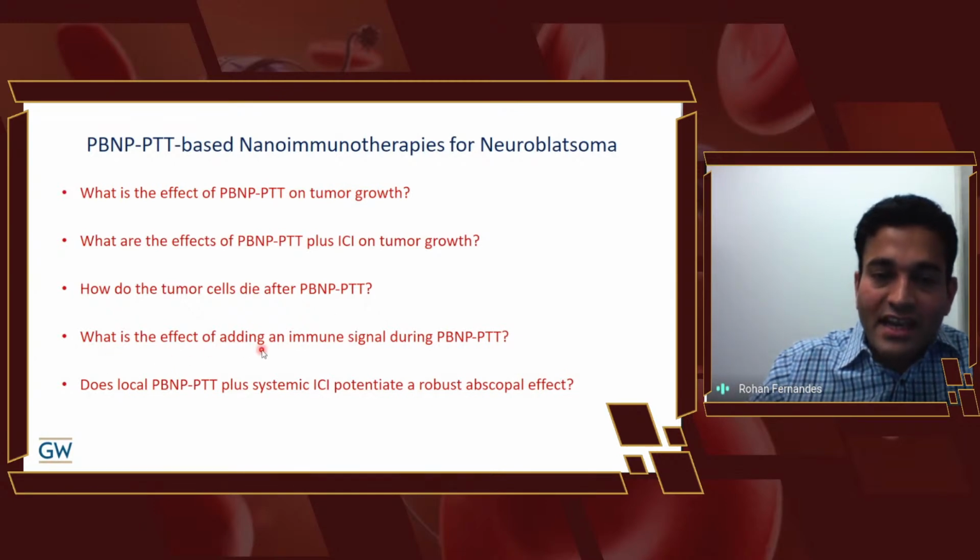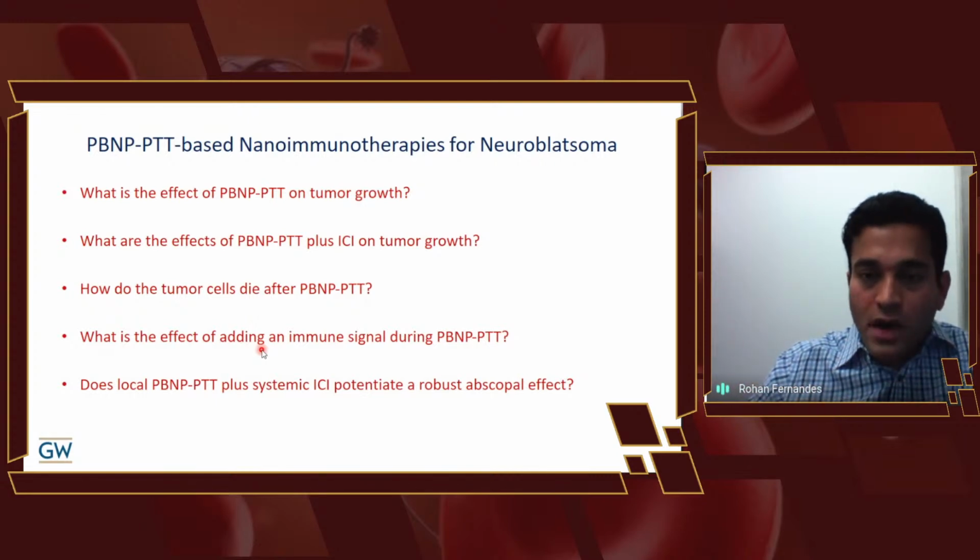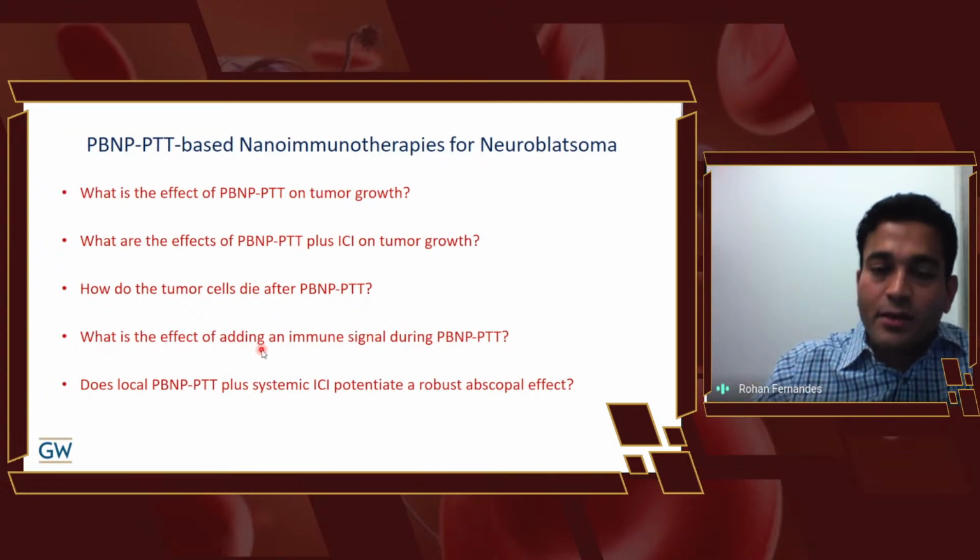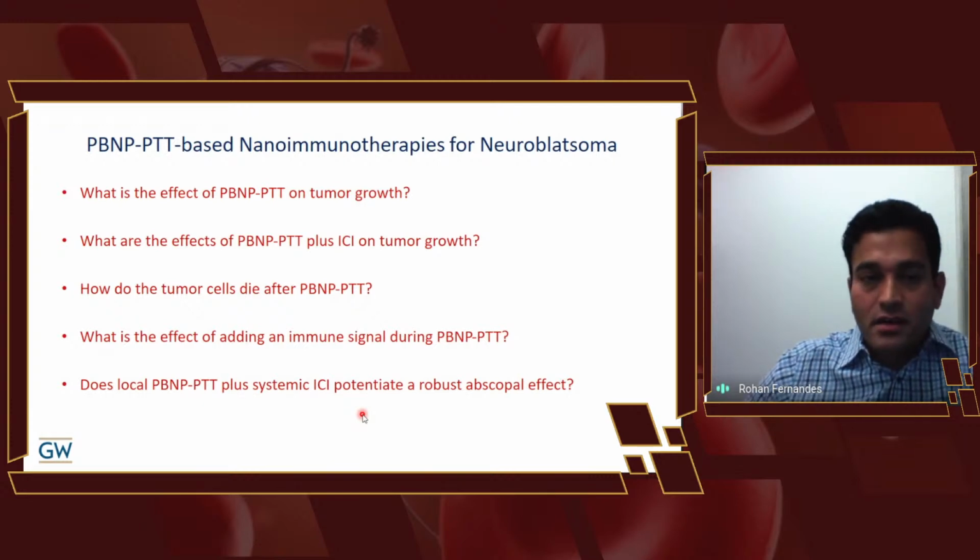And then, what is the effect of adding an immune signal onto the nanoparticle during PBNP PTT? And finally, how does the ensemble, the nanoparticle, the immune adjuvant, and the immune checkpoint inhibitor, work in tandem to potentiate a robust abscopal effect? So what's the effect of PBNP PTT on tumor growth?